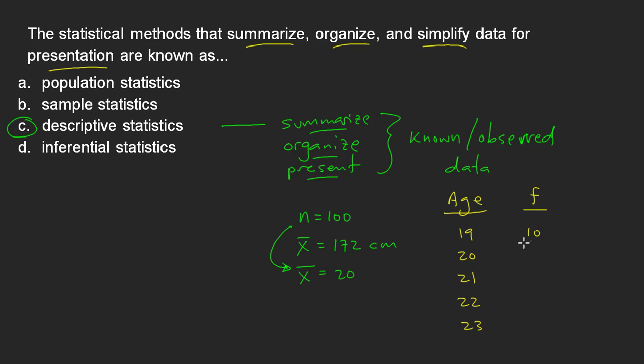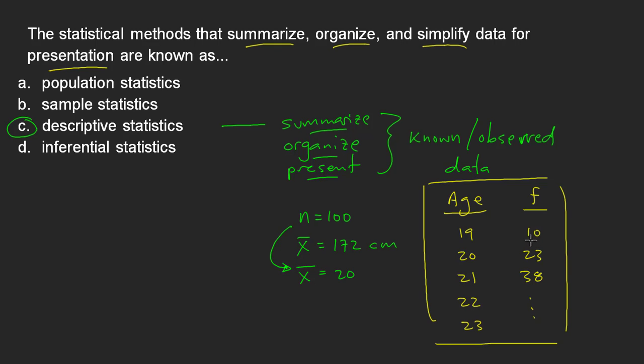Maybe there were 10 19-year-olds and 23 20-year-olds and 38 21-year-olds and so on. In this case, what I'm doing is organizing my information into a table. You could also say that I'm presenting and I'm summarizing. This is not as large, I'm not giving all 100 values here. Instead, I'm summarizing it into a small table. But again, this is descriptive statistics.